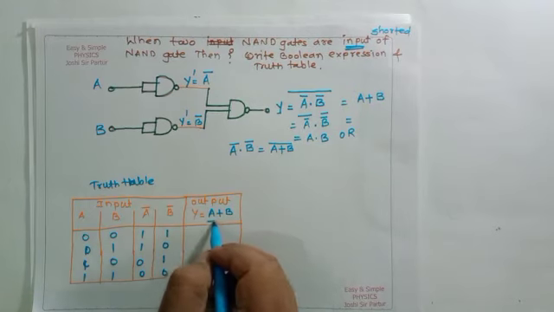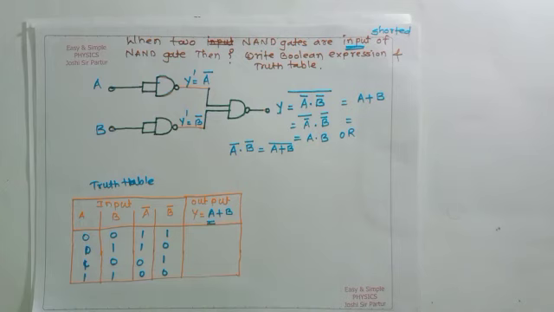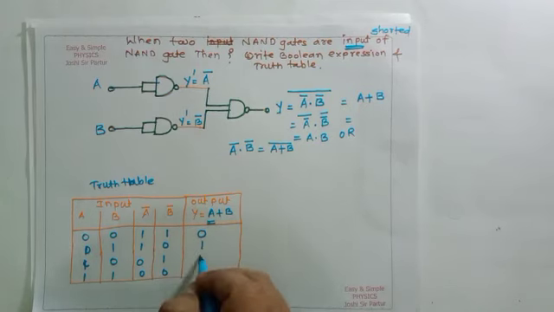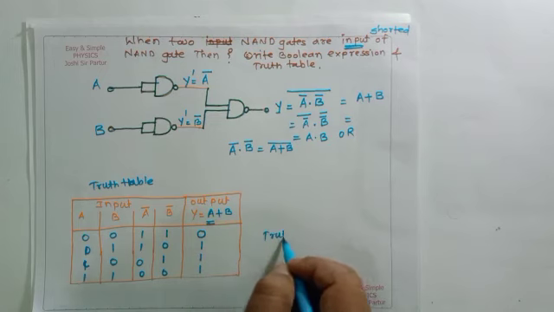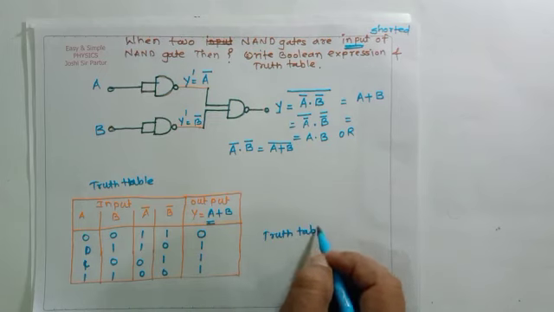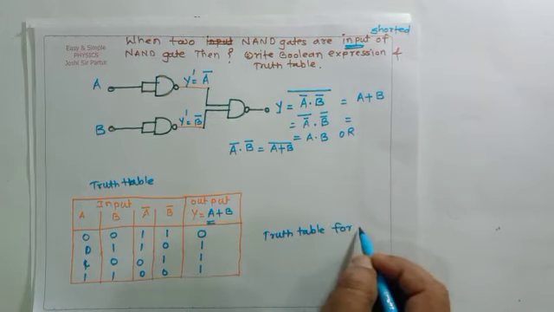But here the output will be that of an OR gate, that is A or B. So its output becomes low, high, high, high. This represents the truth table for an OR gate.